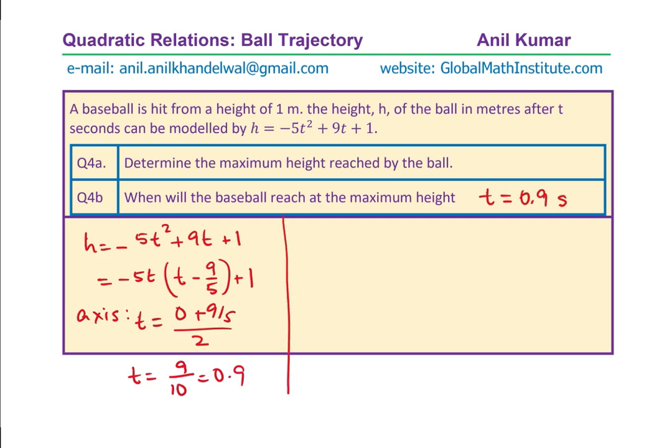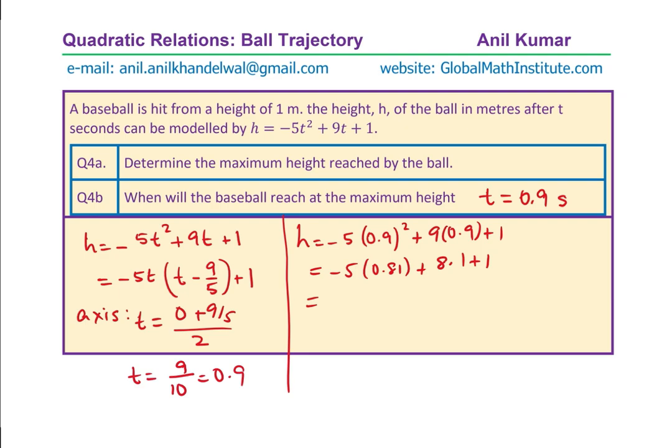Now you know this, plug in 0.9 to find the maximum height. So h will be minus 5 times 0.9 squared plus 9 times 0.9 plus 1. 0.9 squared is 0.81. So minus 5 times 0.81 plus 9 times 0.9, which is 8.1, plus 1, correct?